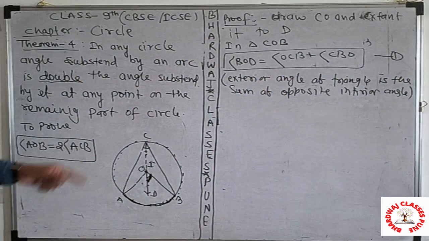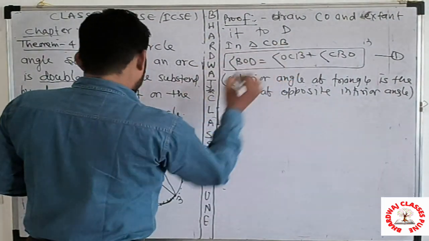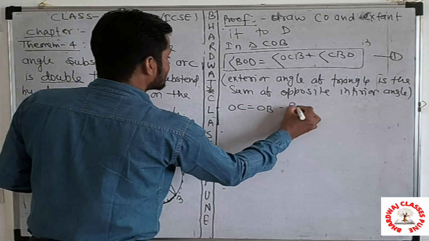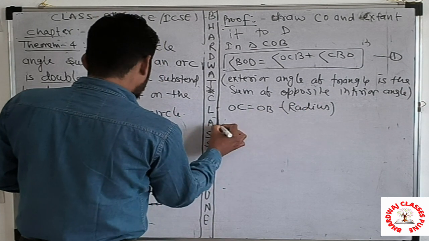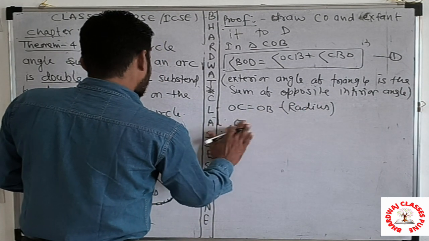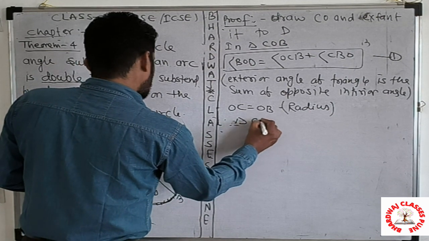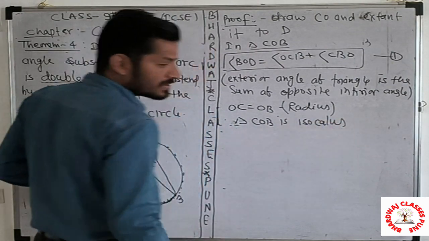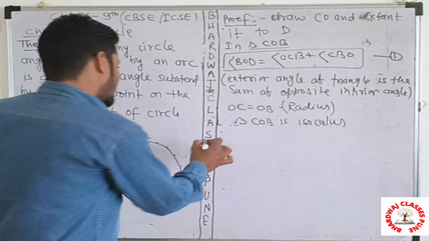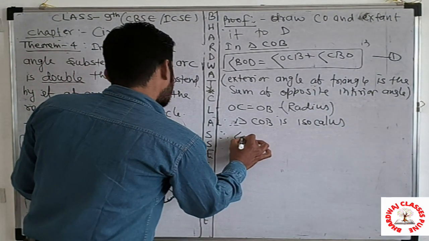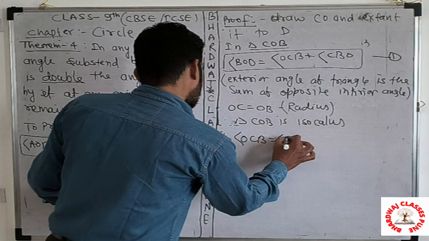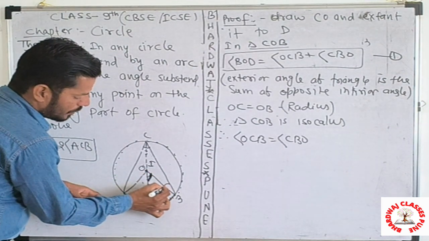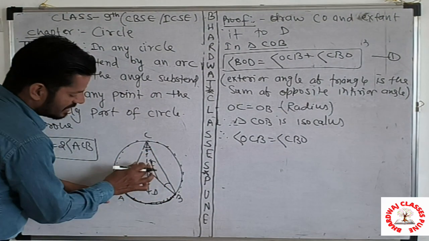Again see carefully in the same triangle COB, OC is equal to OB, that is the radius. That means triangle COB is isosceles. Because two sides are equal, angle OCB is equal to angle CBO, since angles opposite to equal sides are equal in this triangle.